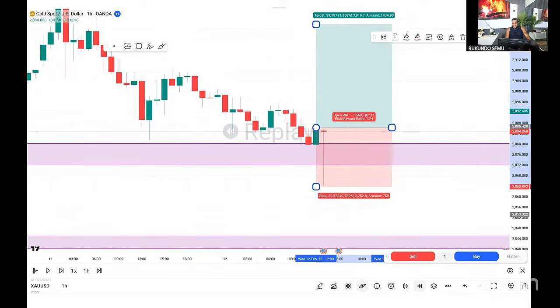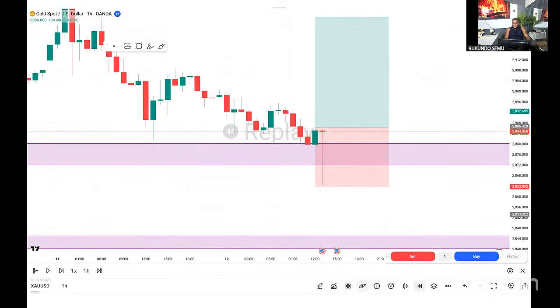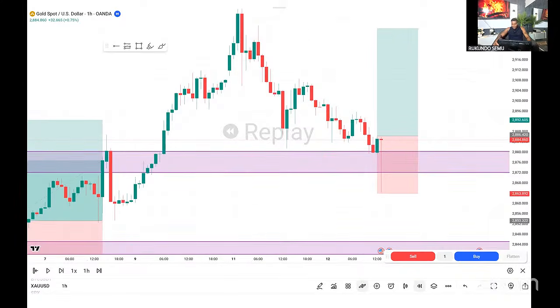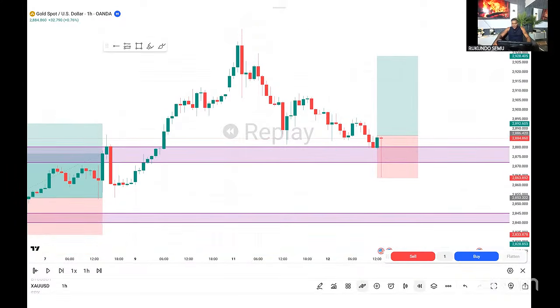It may take time to come, but every time it comes, it will always give us what we want. So no matter what the outcome will be in this trade, I will always smile because this candle has really drained my misery. So now our liquidity is where it is here.